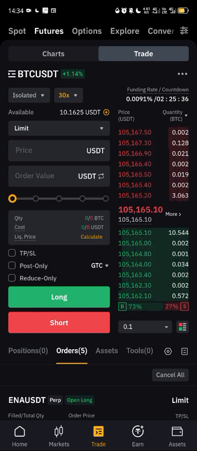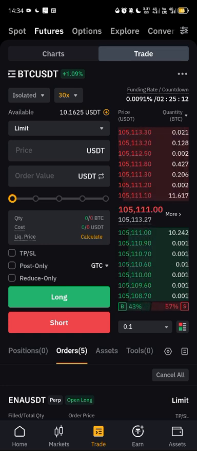Now, if I want to predict that BTC will go down, I will drop a limit order. For the limit order, I'm predicting that BTC should first go to my entry order. My entry order for BTC is 107,000, right?